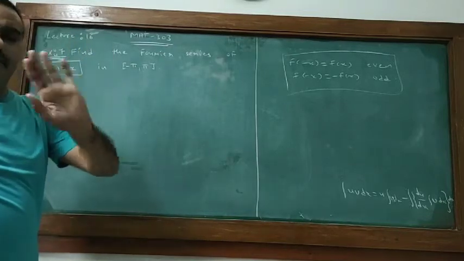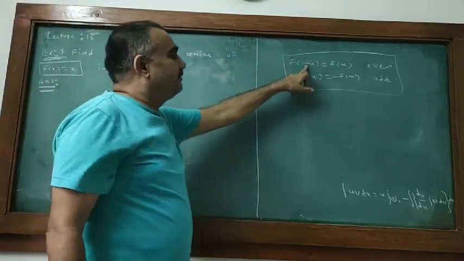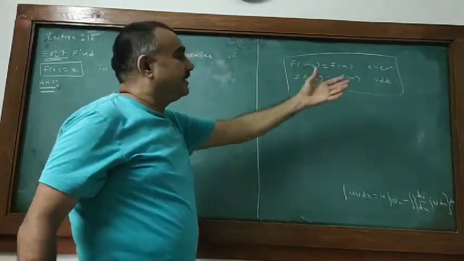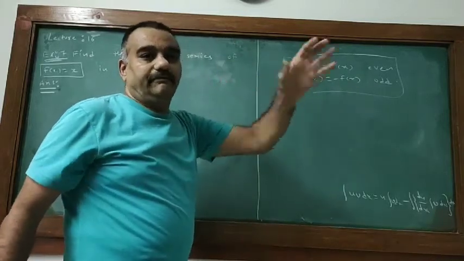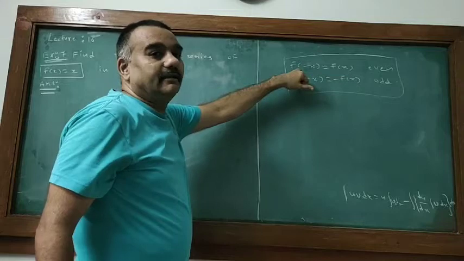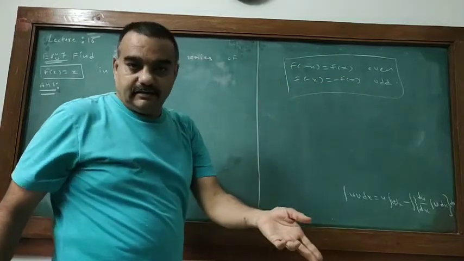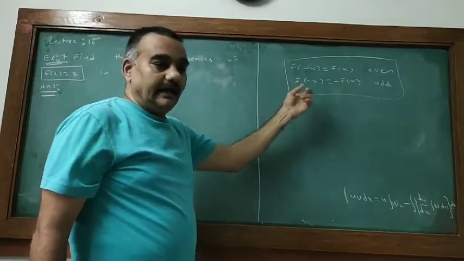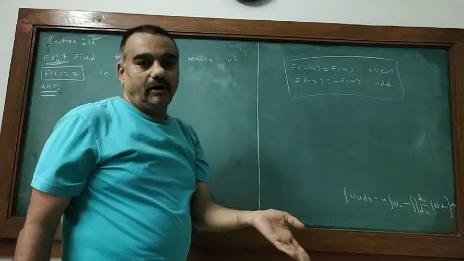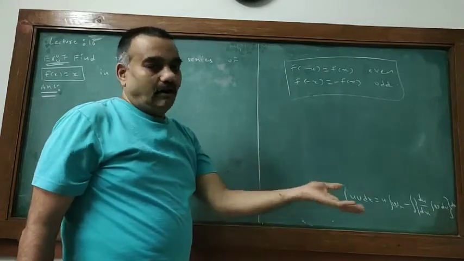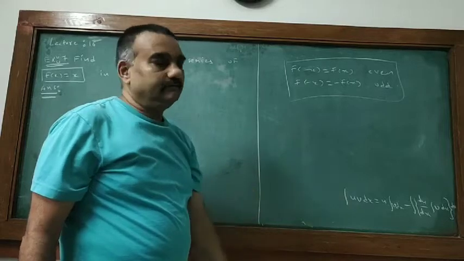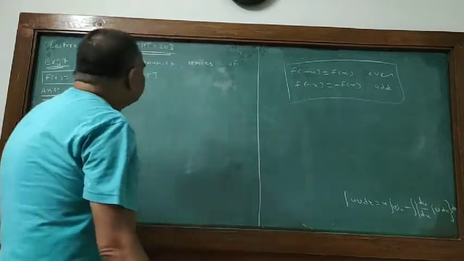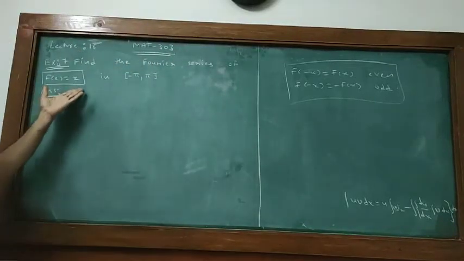Even functions are x square, x raised to 4, or any even power of x, and even mod x is also an even function. Odd functions are x, x cube, x raised to 5, meaning any odd power, and sin x is an odd function. So f(x) equal to x is an odd function.